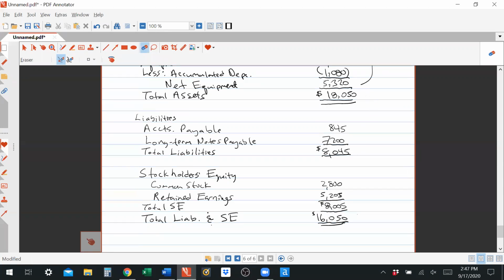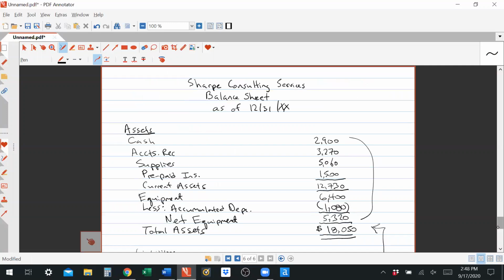So let me go add up the assets again and see if I messed up there, because I think that's probably where I messed up. Let me do it again here. 2,900 plus 3,270 plus 5,060 plus 1,500 plus the 6,400 minus the 1,080 is 18,050.